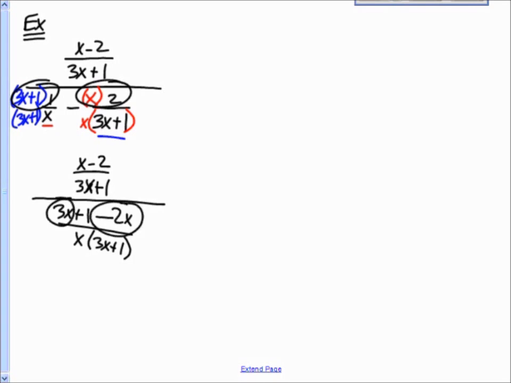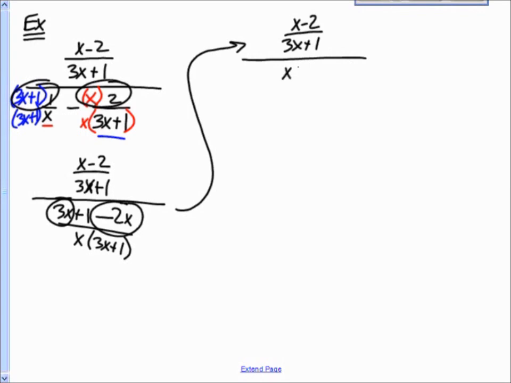So this becomes 3x minus 2x is an x, plus 1, over this common denominator there. Now we're at the point where we can go ahead and multiply by the reciprocal, and that'll help us out.